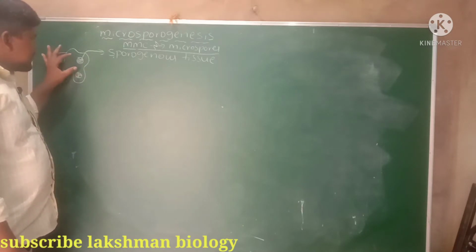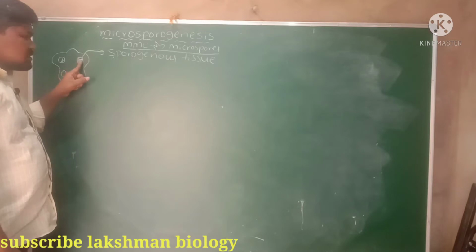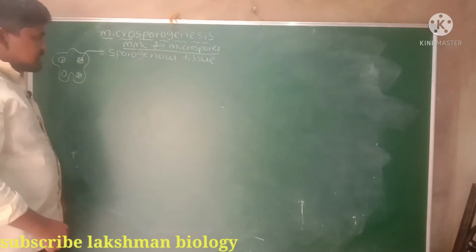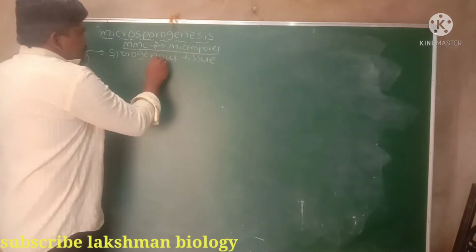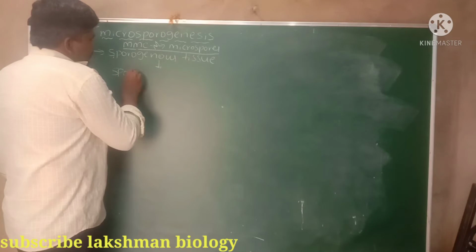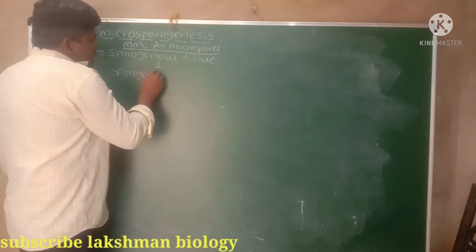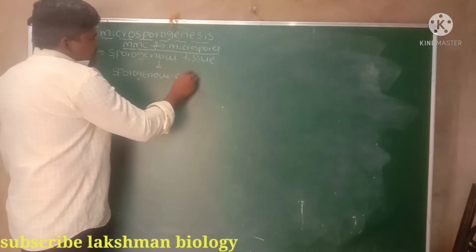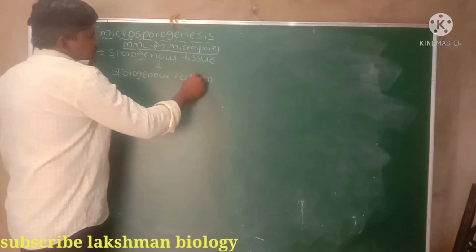If you see inside the anther, you can see the sporogenous tissue. Sporogenous tissue contains sporogenous cells. These are diploid in nature.